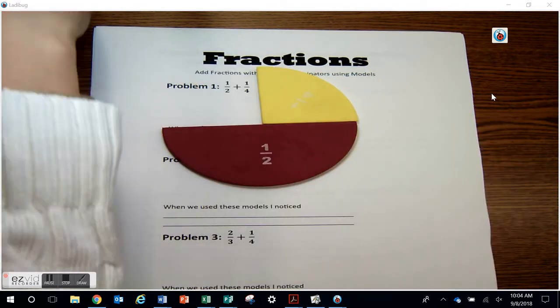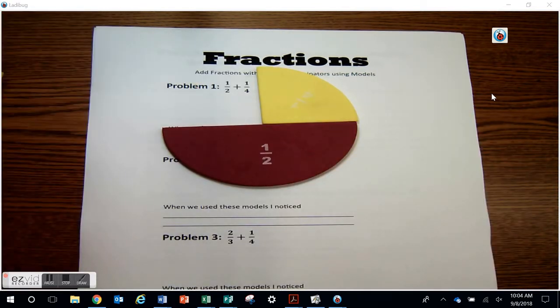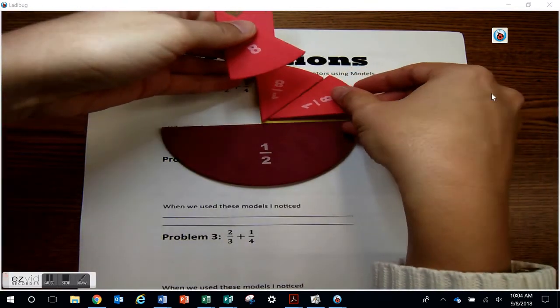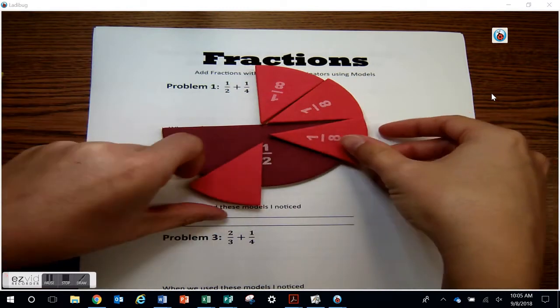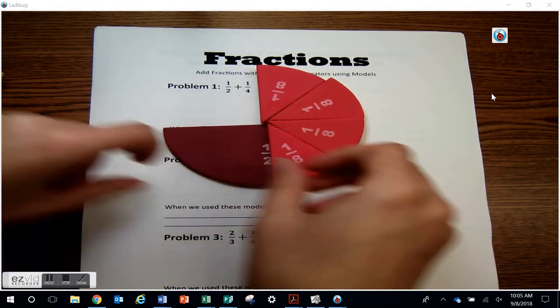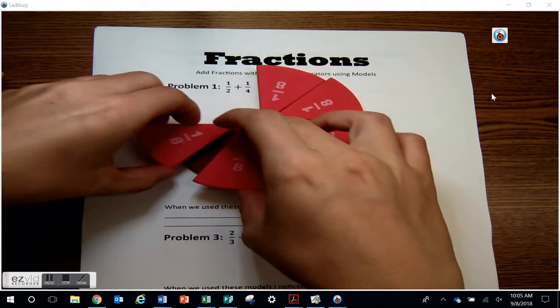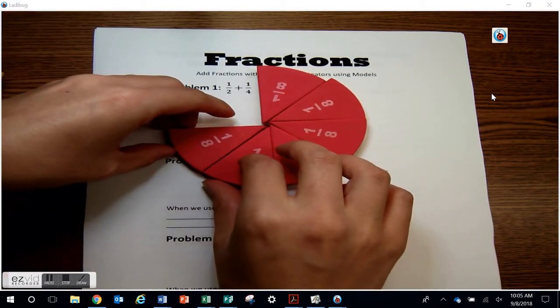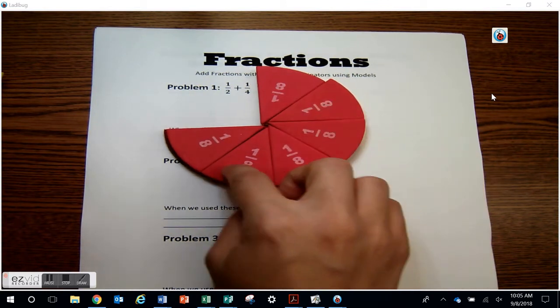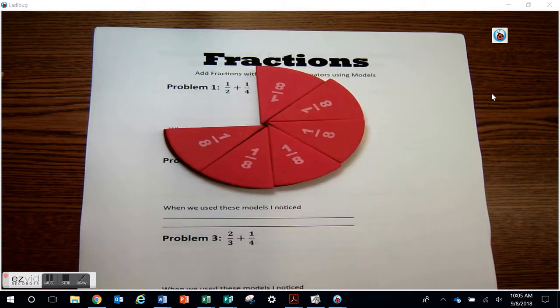I could also cover this with 1/8 pieces because the 1/8 pieces will perfectly cover those pieces. And here I have 1, 2, 3, 4, 5, 6 eighth pieces. But either way, I needed the same size pieces in order for me to add these.